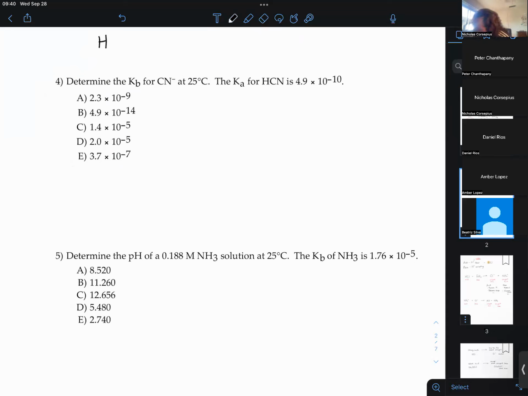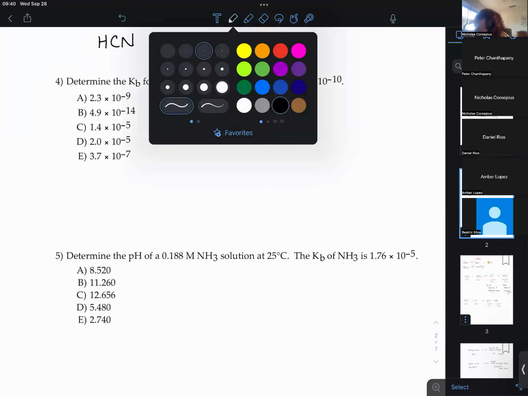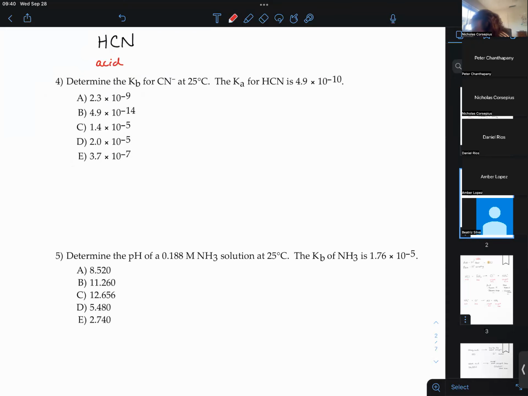All right, so if HCN is my acid, the conjugate base is what's called a cyanide ion. And how did I get that? Remember before what we did at the very beginning. I took a hydrogen away and I subtracted one from the charge.